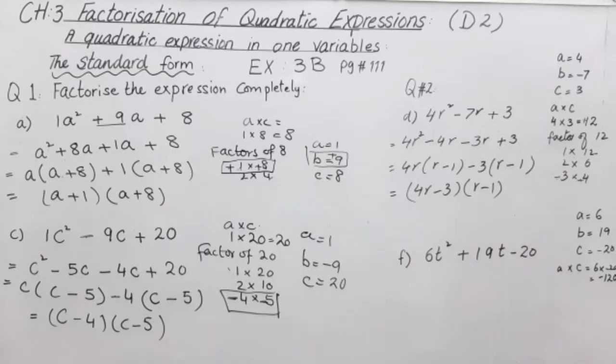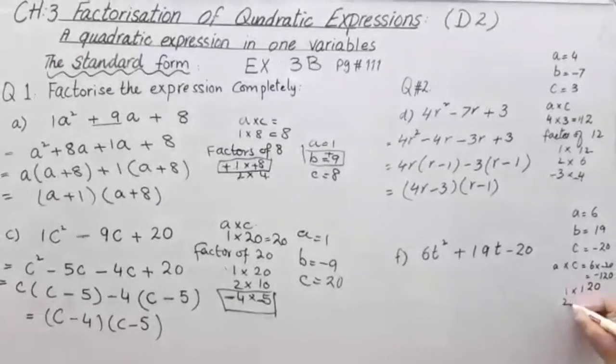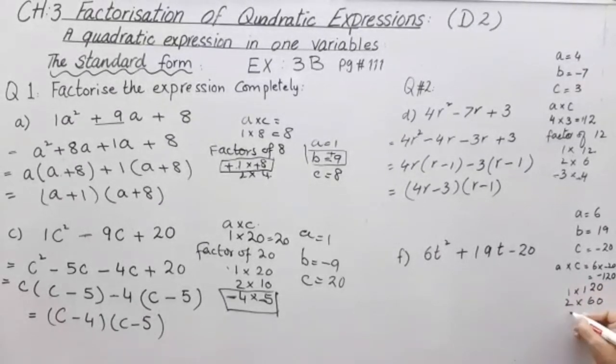The factors of 120 are 1 into 120, 2 into 60, 3 into 40, 5 into 24, 6 into 20, 8 into 15, and 10 into 12.